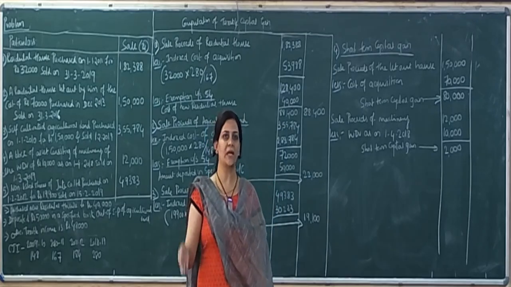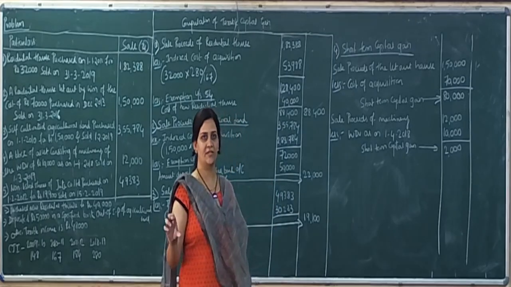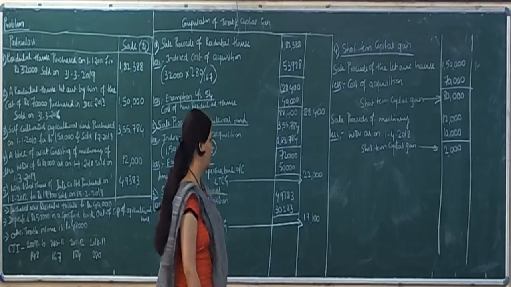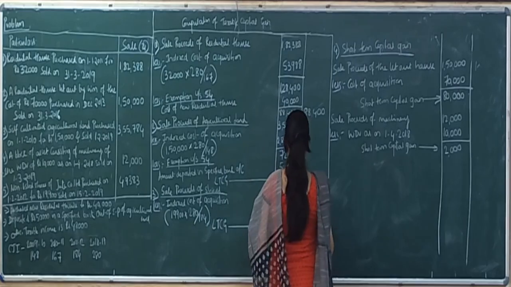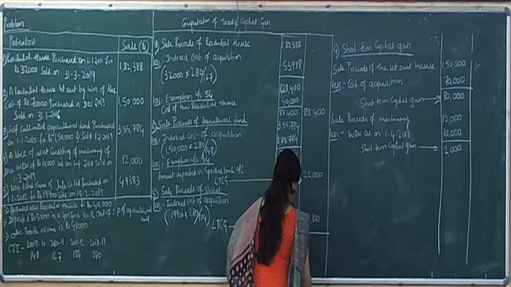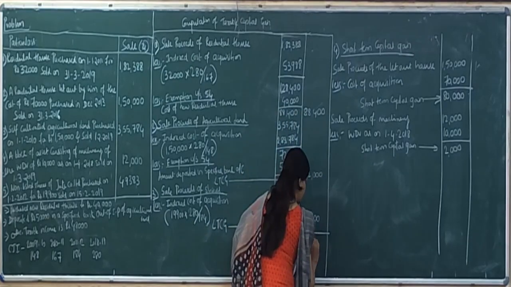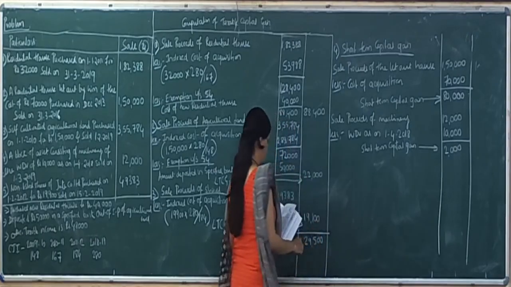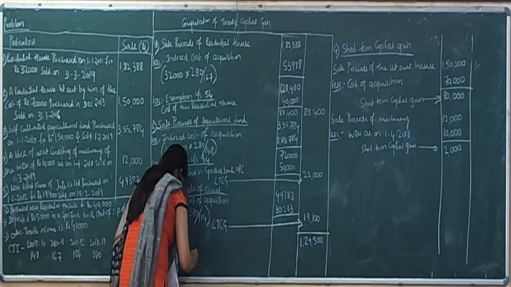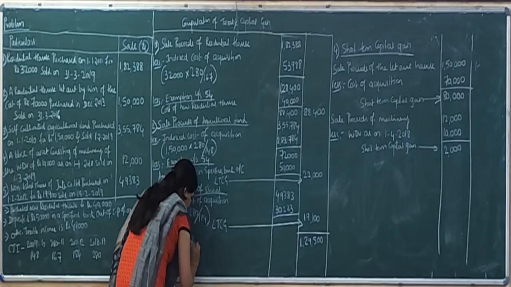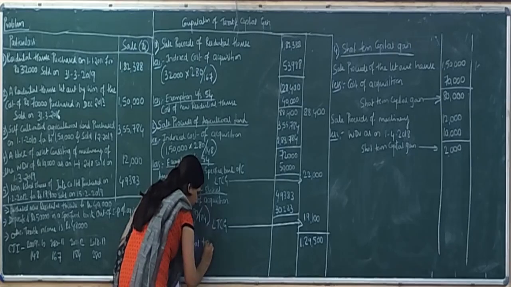Okay, so now what we will do, first we will add the total short-term capital gain, long-term capital gain, and then together we will show the gross total income. So now we will add this total that comes to 1,20,000. This is total taxable long-term capital gain.